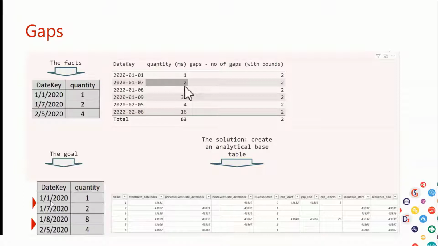Gaps means, for example, there's an order from a specific customer on the 1st of January, then the 7th of January, followed by the 8th, and then just the 5th of February.